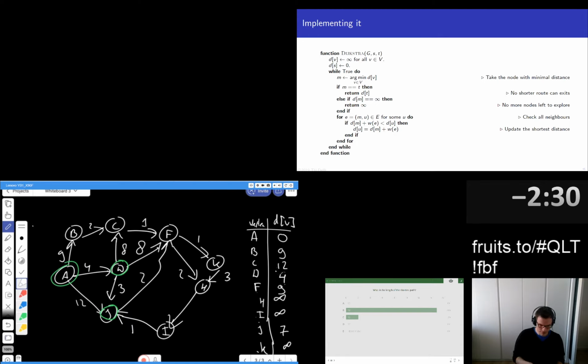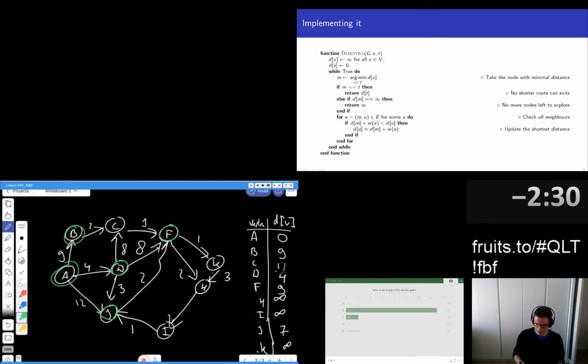Next shortest one. Well, we can pick, right? B and F both have 9. So let's do B next. That gives us one update, namely to C, which can now be reached in 9 plus 2, which is 11. Then let's take a look at F, which was the next closest one.